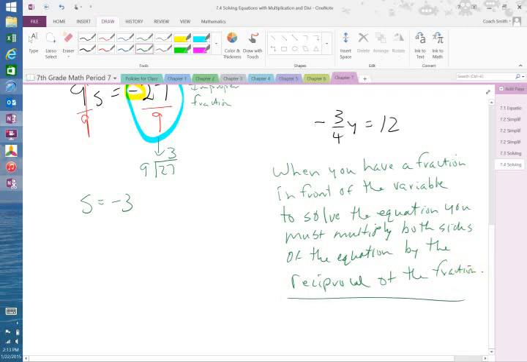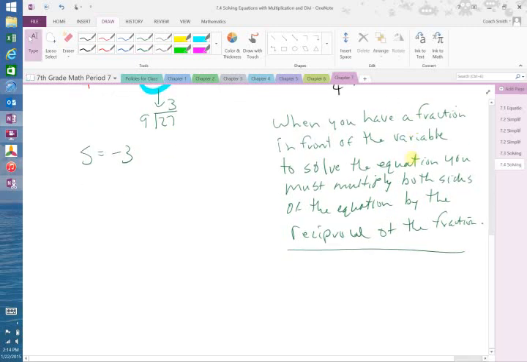Now, as we've already learned in previous sections, in Chapter 5 when we were talking about adding fractions, dividing fractions, multiplying fractions, when you divide a fraction, we have to multiply by its reciprocal to solve or simplify the problem. Well, this is the same thing here. Let me give you an example.